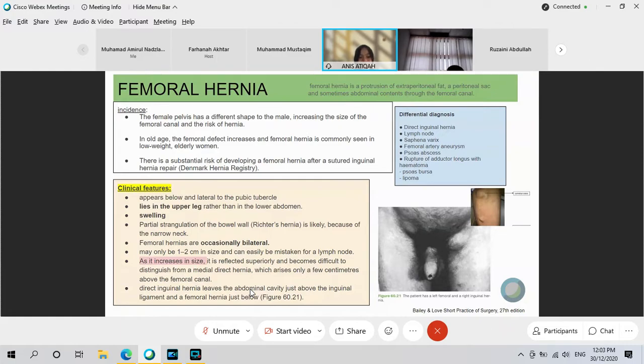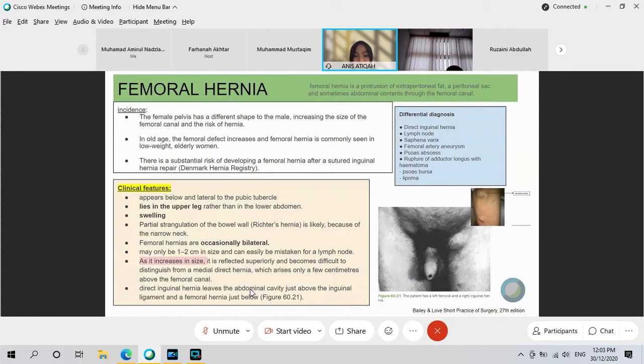When it increases in size, it will reflect superiorly and become difficult to distinguish from a medial direct hernia because the location is near. A direct inguinal hernia will leave the abdominal cavity just above the inguinal ligament, and a femoral hernia just below it. As you can see in this diagram, this patient has a left femoral hernia on his left leg and a right inguinal hernia. So it may be hard to distinguish because the location is quite near.